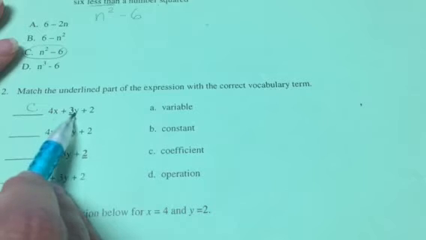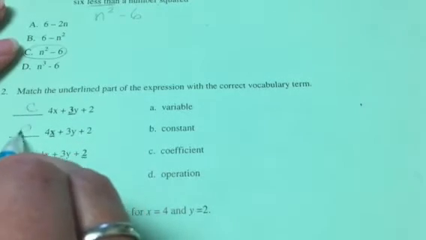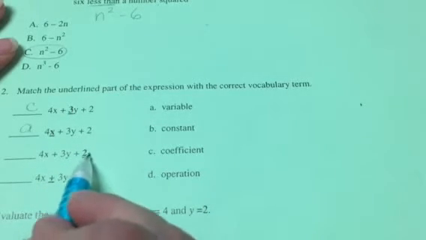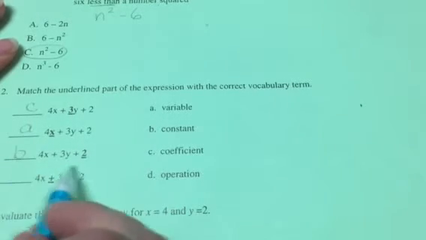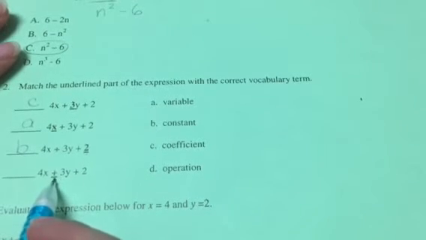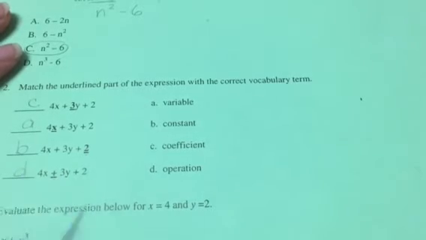So that's the coefficient. It's being multiplied times y. This is the underlined letter. Another word for a letter is a variable. This number that's by itself is called the constant. And this is the operation because the underline is under the plus sign, which is the operation there.